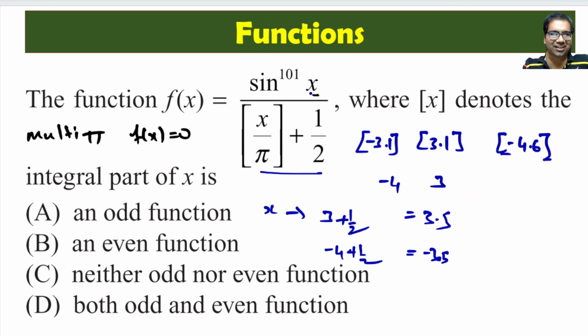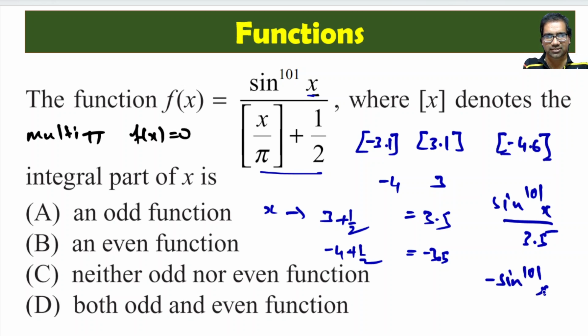Okay. And here, when x is positive, this function, sin 101 x, will be divided by 3.5. When x is negative, it becomes minus sin 101 x divided by minus 3.5. Minus and minus will get cancelled. Basically, this function is getting equal to this function.